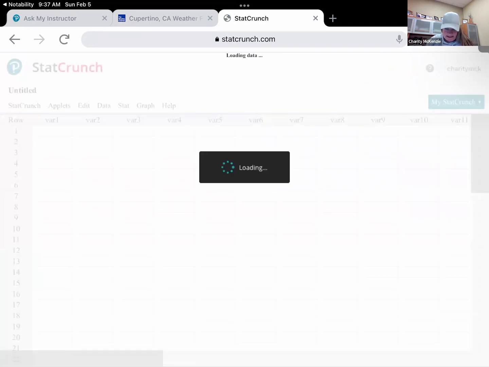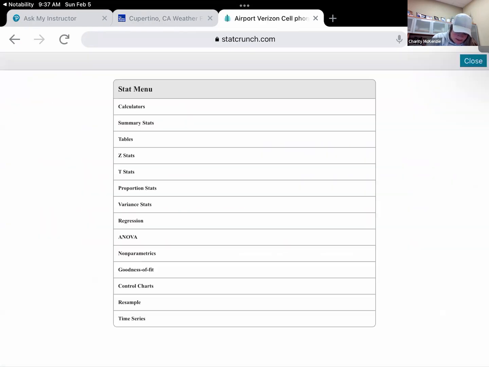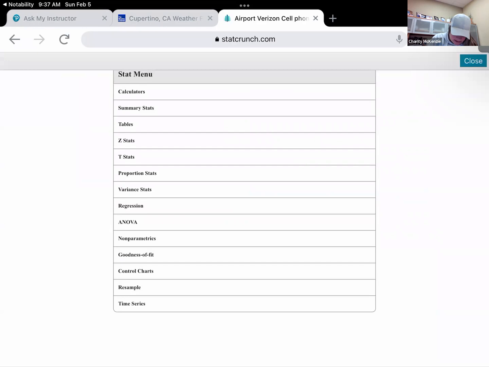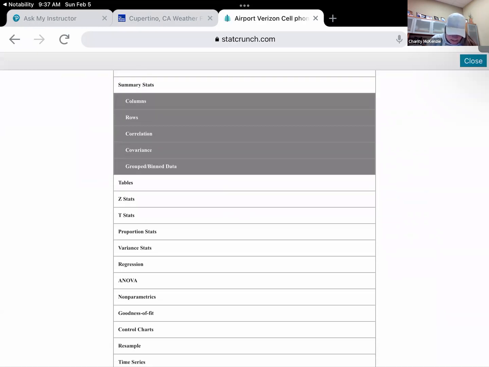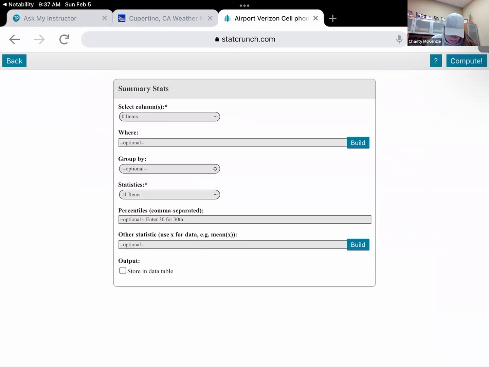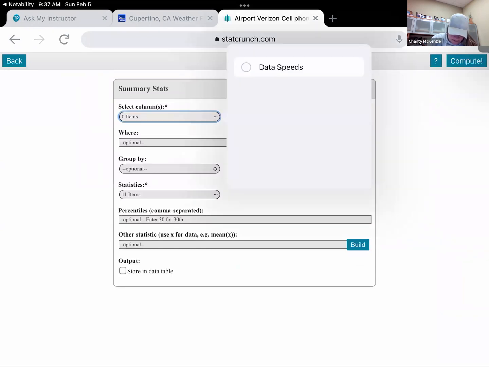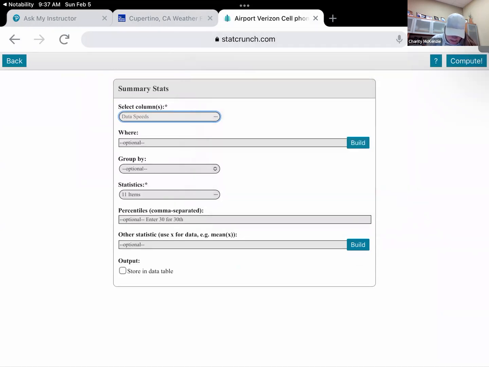Okay, so I thought that it had summary stats, column, data speeds. I thought it had the exact values, maybe not.